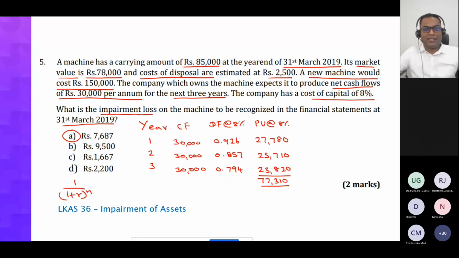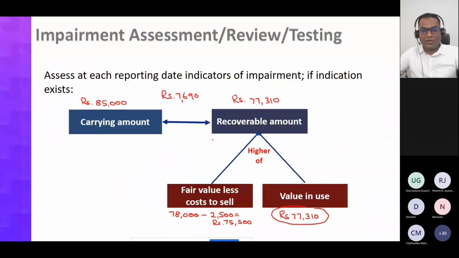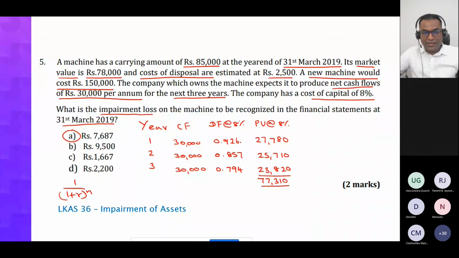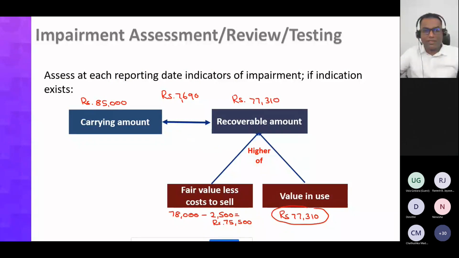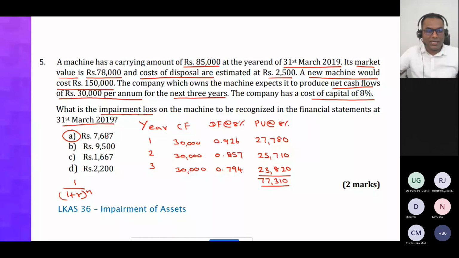Okay, rounding impact, right? When we calculate this, I have taken the figures to 3 decimals. Because of that, the answer I get is 7,690. The answer given in this particular question is 7,687.